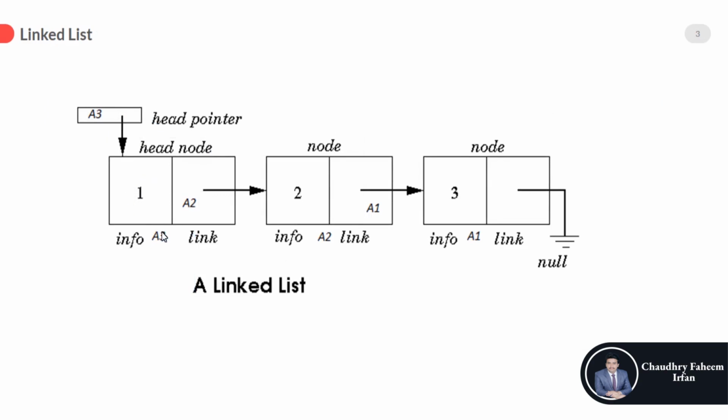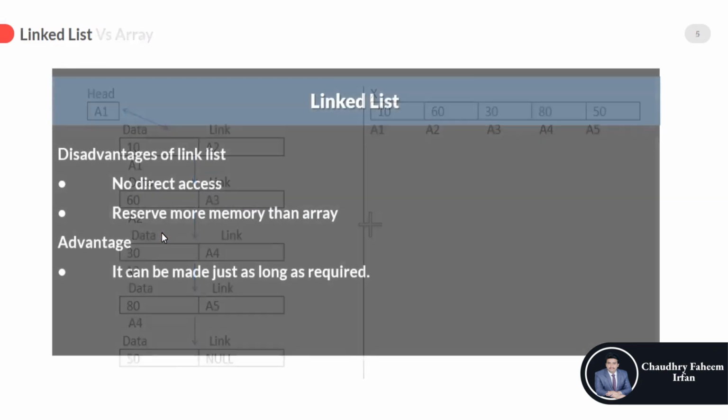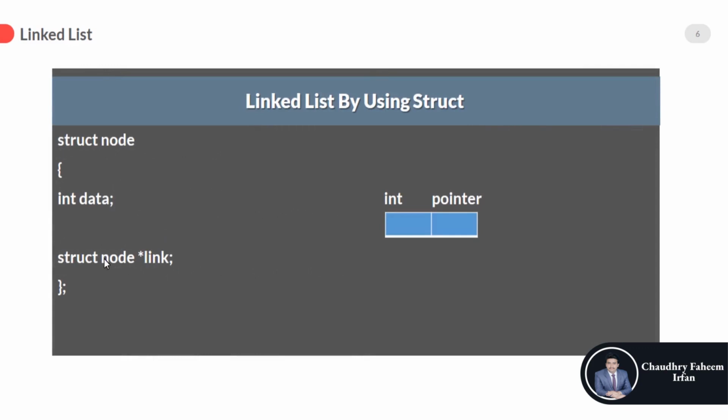And the second one is struct node static link, which is a pointer variable, a struct pointer, which will store the address of the struct node. So this is all about the linked list introduction.